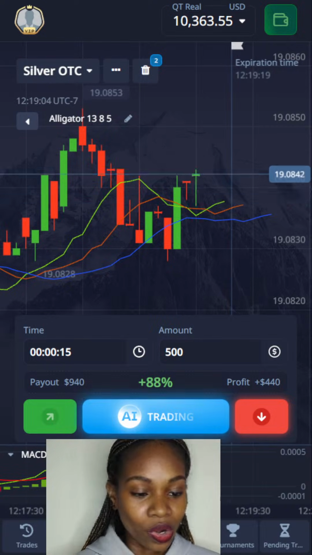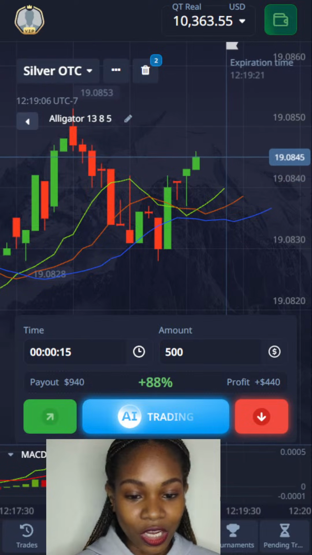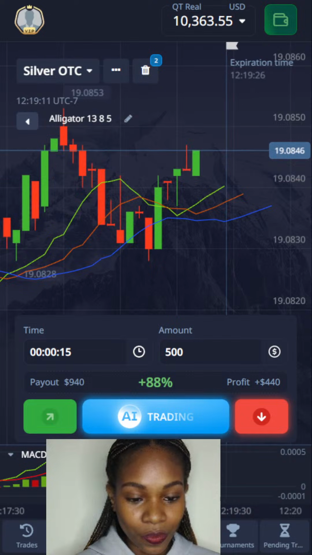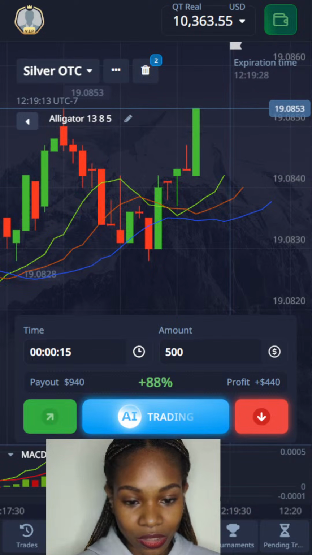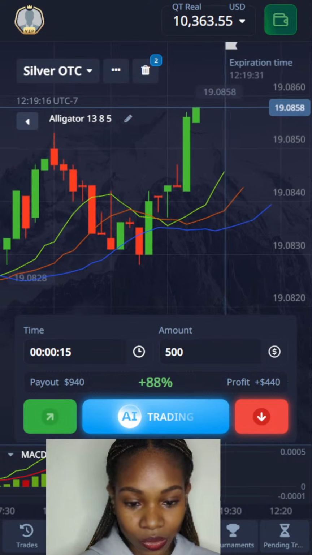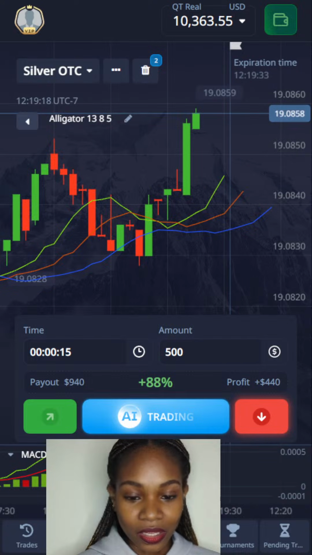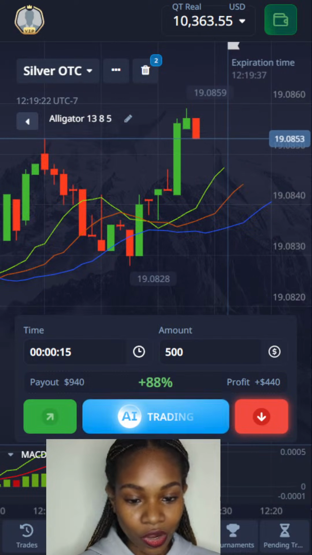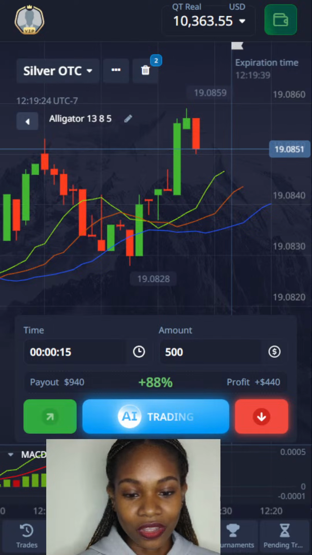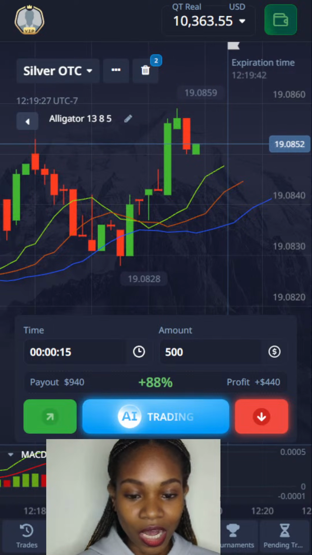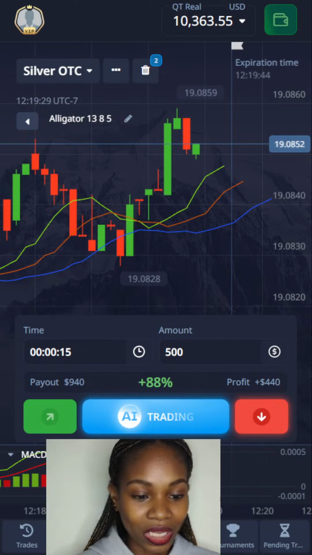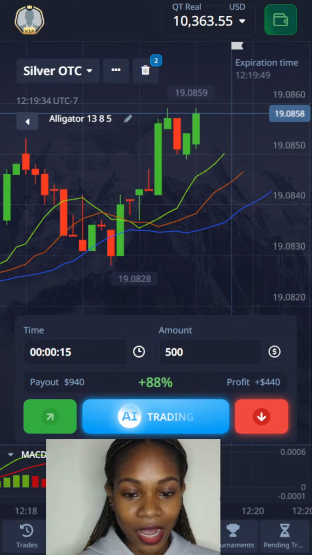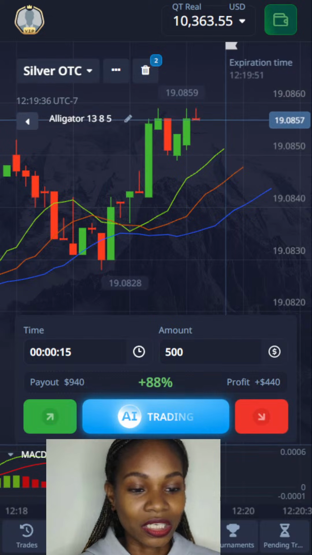With that in mind, when we are looking at this chart, indicators are very important. Then the candlestick patterns are also very important. So if there are certain things that I have not brought to light, you know exactly what is important.